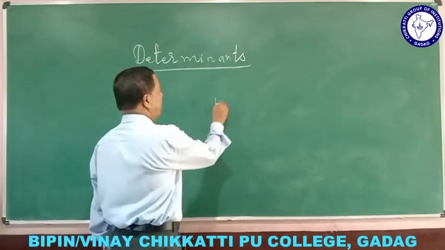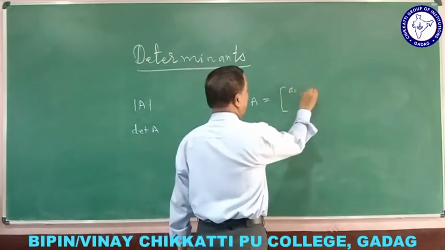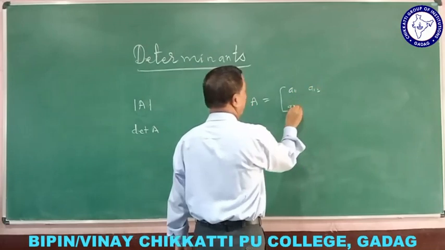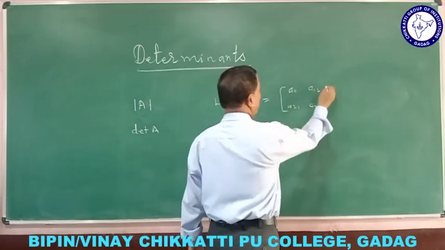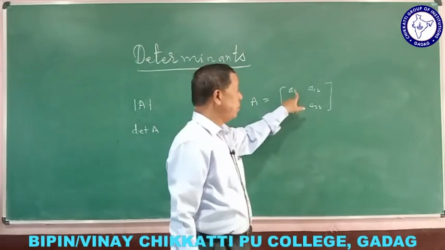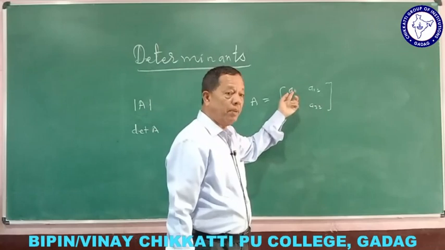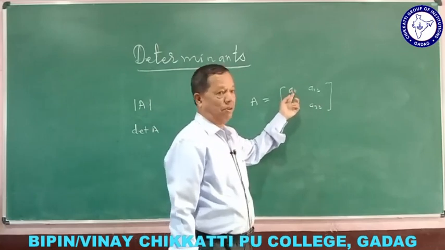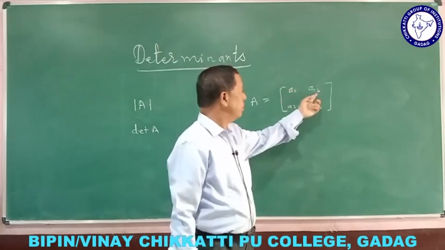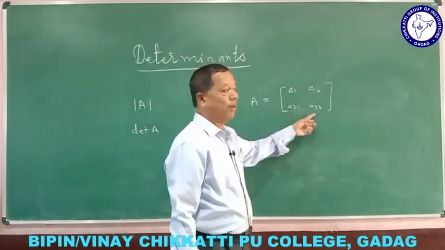For example, let A be the matrix with entries a11, a12, a21, a22. These suffixes are not eleven, twelve, twenty-one, twenty-two. a11 means the element lies in the first row, first column; a12 in the first row, second column; a21 in the second row, first column; a22 in the second row, second column.